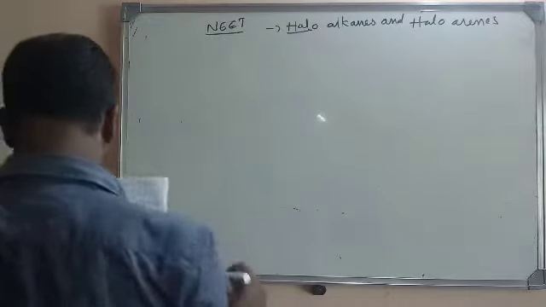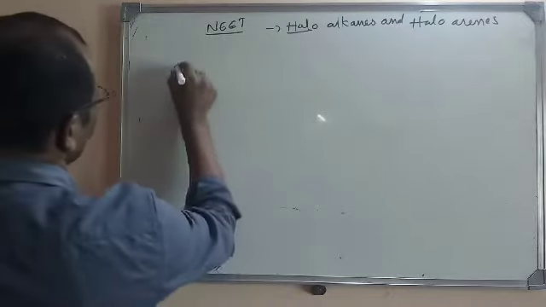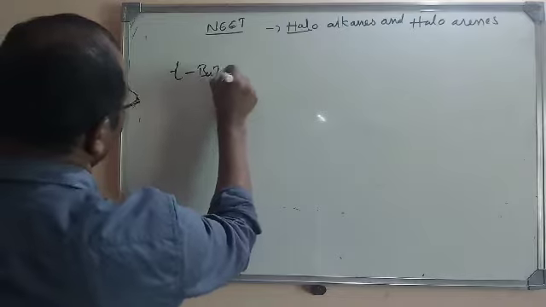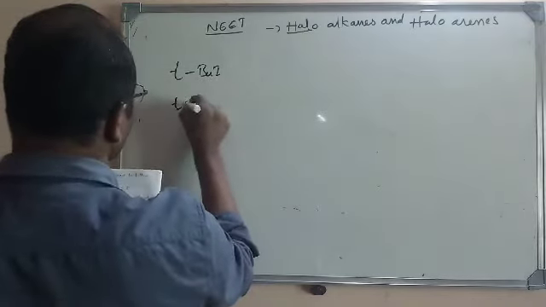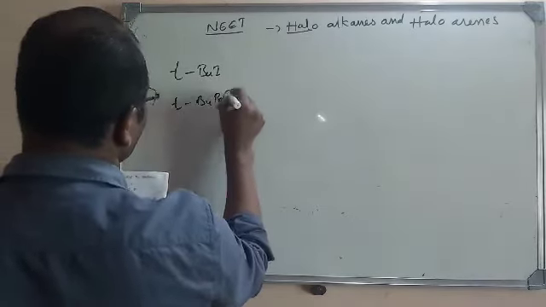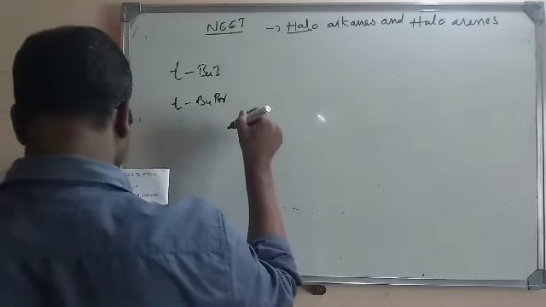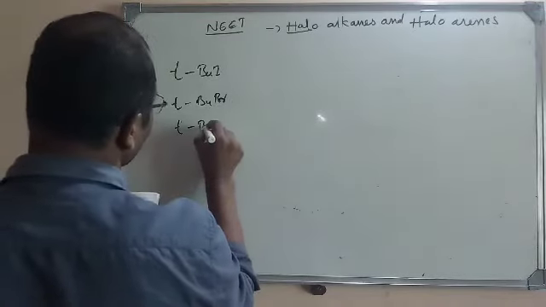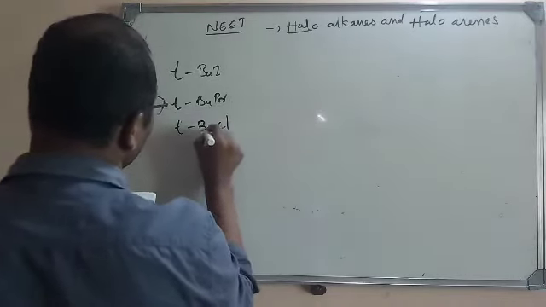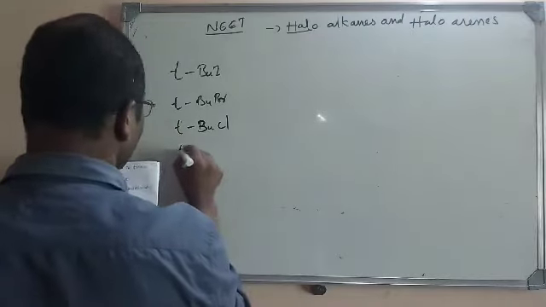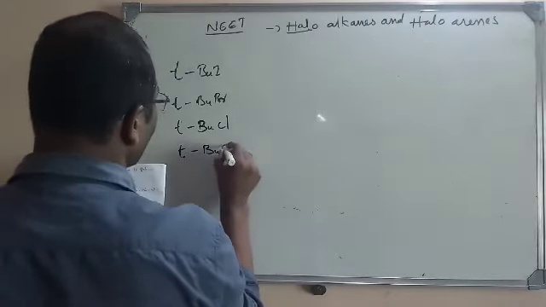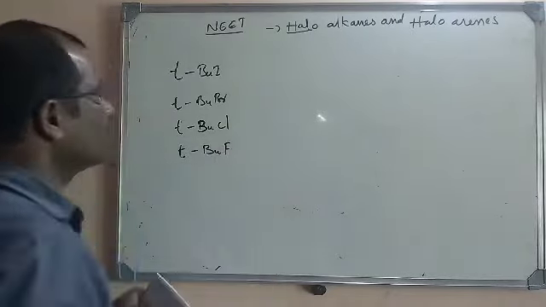So what is the decreasing order? One is tertiary butyl iodide, tertiary butyl bromide, the next one is tertiary butyl chloride, where Bu means butyl, T for tertiary, and tertiary butyl fluoride. So what is the decreasing order of reactivity?